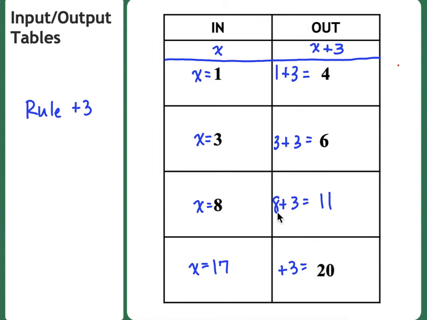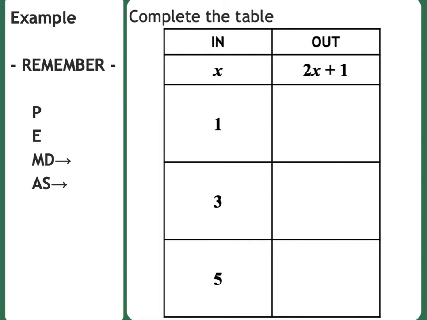And you get the idea, 8 plus 3 is 11, and 17 plus 3 is equal to 20. So we're taking that in-out table that you've done before, which really is algebra, and we're writing actual algebraic expressions with that. So let's go ahead and look at a more open-ended example.